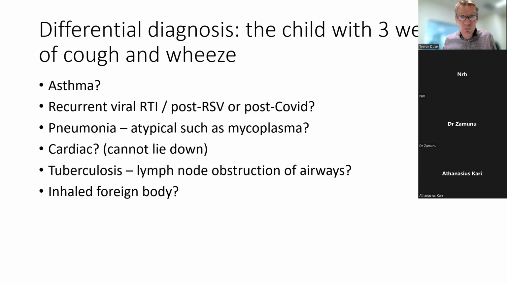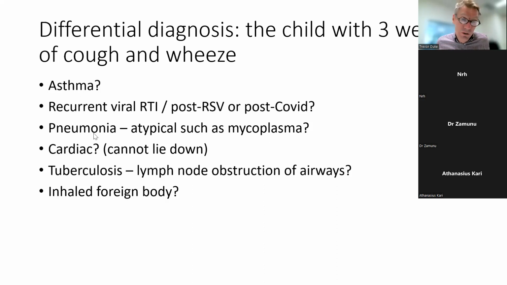So we've thought already about the differential diagnosis of cough and wheeze, and I think we've come up with almost all of these things. Could it be asthma? Could it be recurrent viral respiratory tract infections, or even just one episode of COVID? A lower respiratory infection can be followed by several weeks of coughing and wheezing, and the same for RSV.